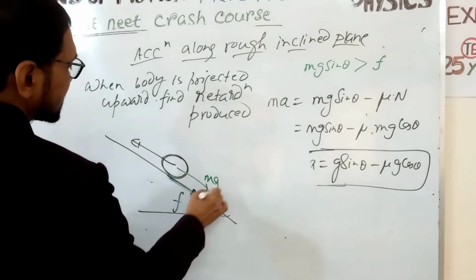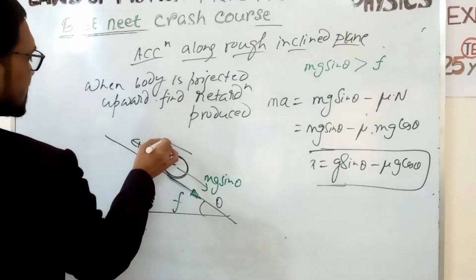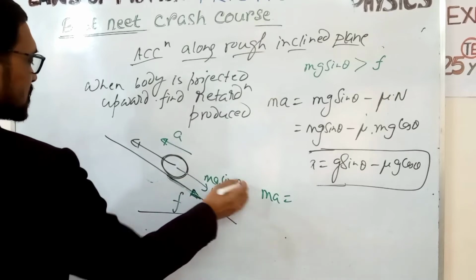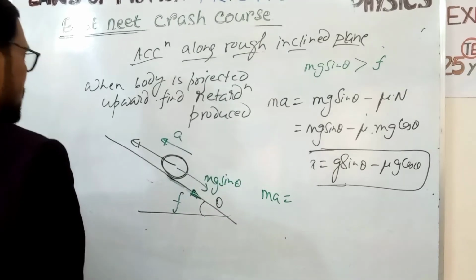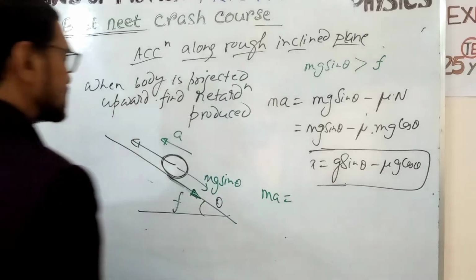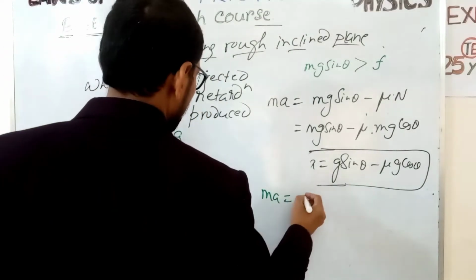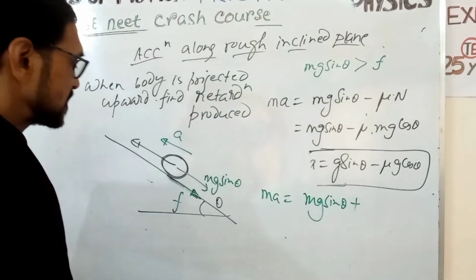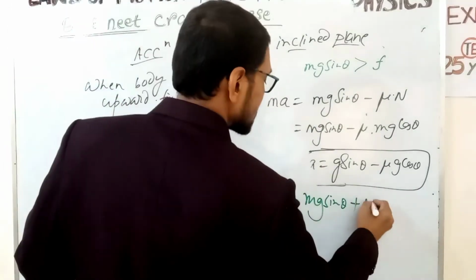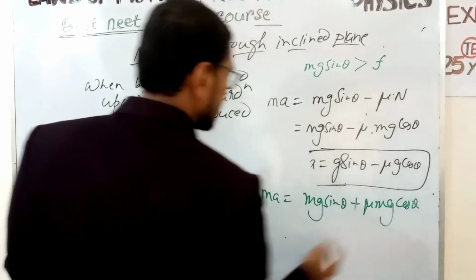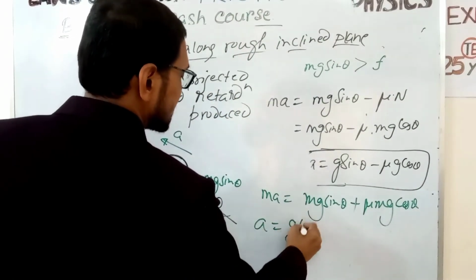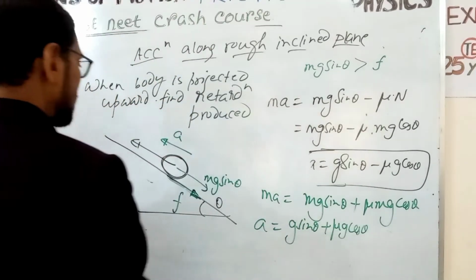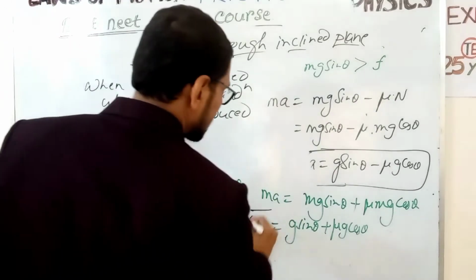These two forces oppose the motion of the body, so if the retardation is a, then ma equals mg sin theta plus friction force, mu N, which is mu mg cos theta. So a equals g sin theta plus mu g cos theta. So when the body is projected upward, this retardation is produced.